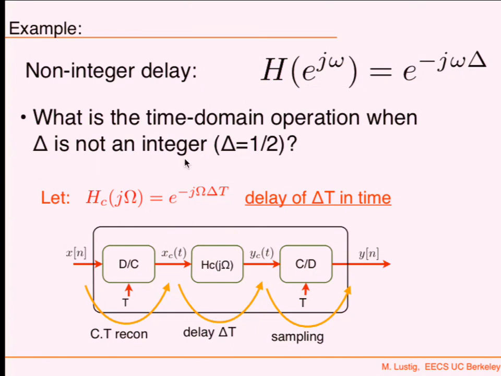Normally if Δ was 1 or 2 or 3 or 4 or 5 or 6, that wouldn't be a problem. I would just tell you my signal shifts by that many samples. But what does it mean to shift by a fraction of a sample? How can I shift half a sample? I have this array. I tell it, cut in the middle.